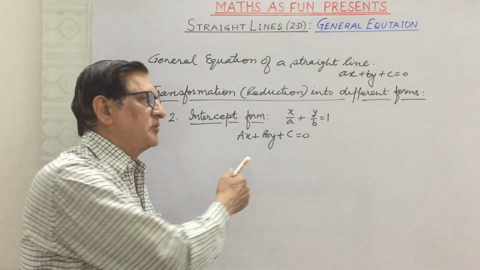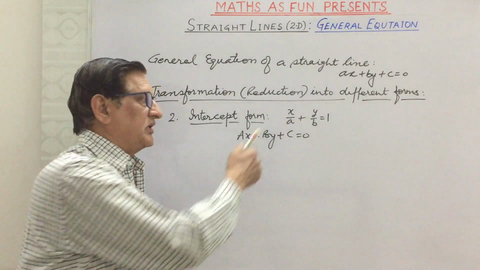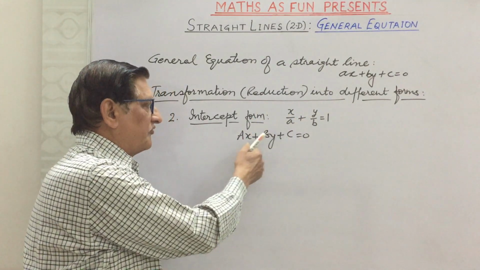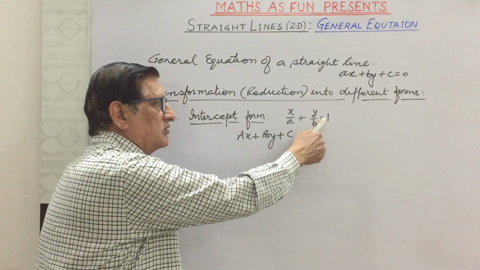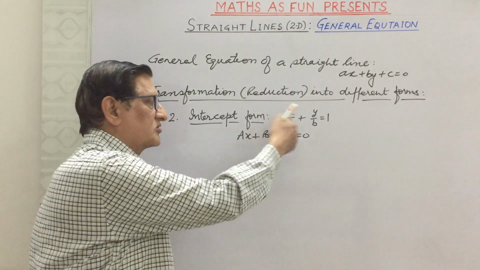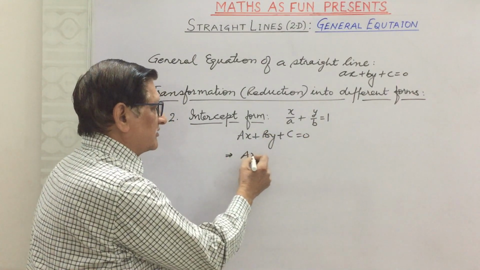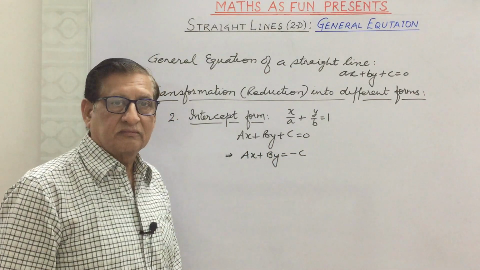Just to make the difference between the coefficients here, or the intercepts we can say, and the coefficients here in the general equation. We have the constant term on the right. So we will transpose the constant term to the right here, that is Ax plus By equal to minus C.